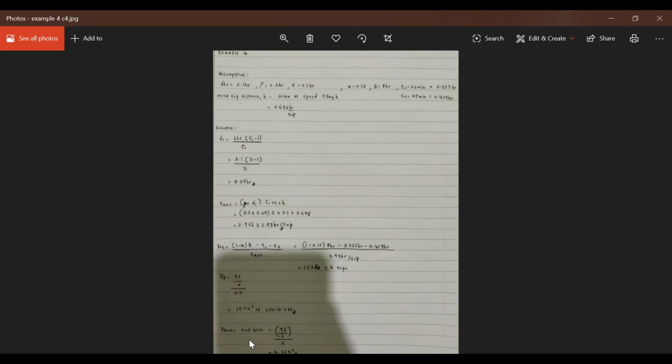And then for the volume of the containers, 96 cubic meter divided by 2 trips, and then divide by the total number of collection containers, which is 11. So you can get 4.36 cubic meter. And this is the volume of the containers.